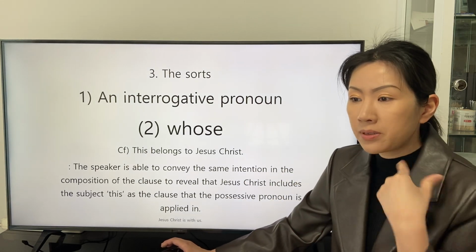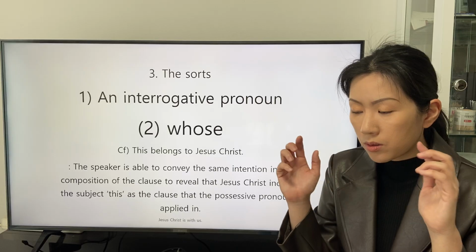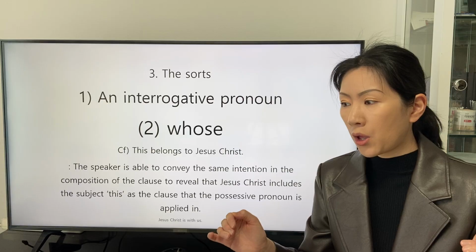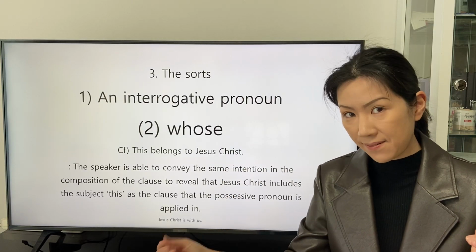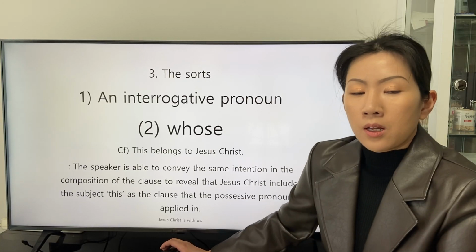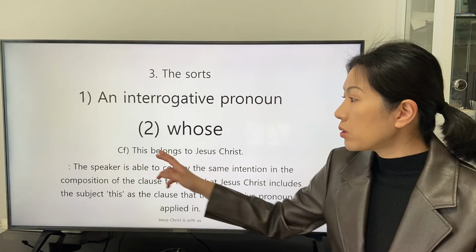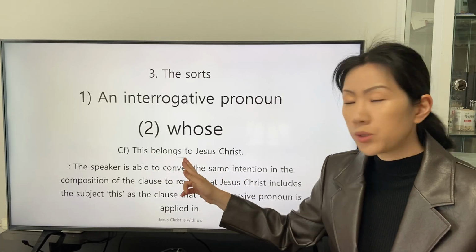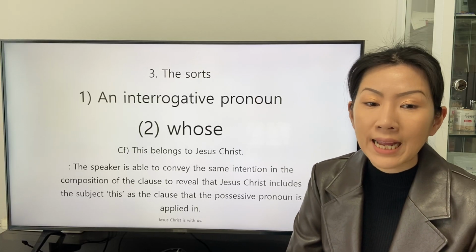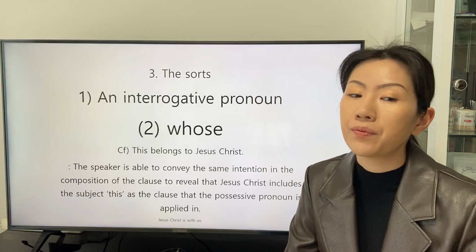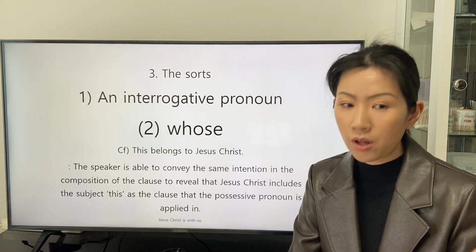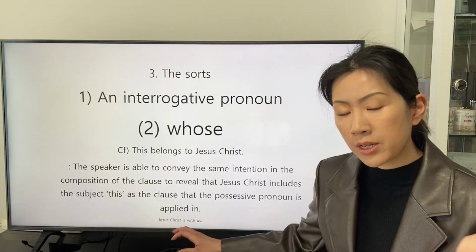We can apply an apostrophe and s to make a phrase that has the trait of the possessive pronoun, just like this. In this response, the expression belongs to is applied. The speaker is able to convey the same intention in the composition of the clause to reveal that Jesus Christ includes the subject this, as in the clause in which the possessive pronoun is applied.